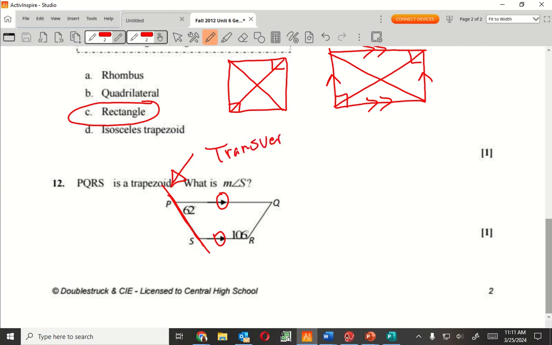Transversal. So a transversal is a line that's cutting through a pair of parallel lines. And because of that, this angle here and this angle right here are supplementary. So that angle and that angle have to add up to 180. So mathematically, I would say 62 plus angle S has to equal 180.